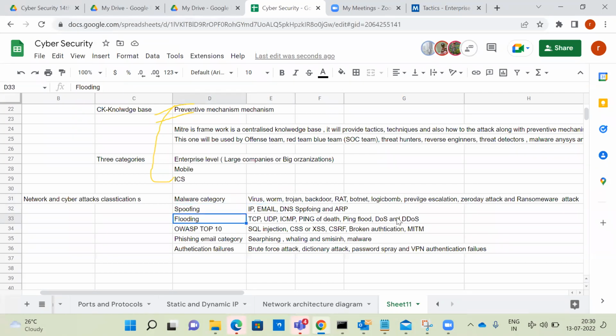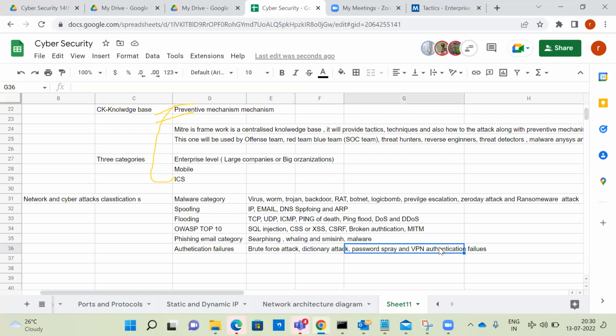Flooding side, DoS and DDoS, obviously. On the web application side, SQL injection and cross-site scripting. Phishing email side, spear phishing and whaling. Authentication failure side, brute force attack and VPN authentication failure attack.